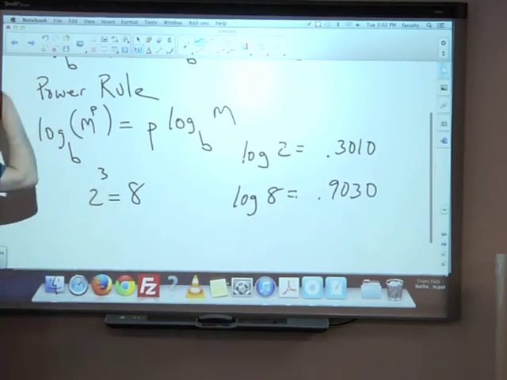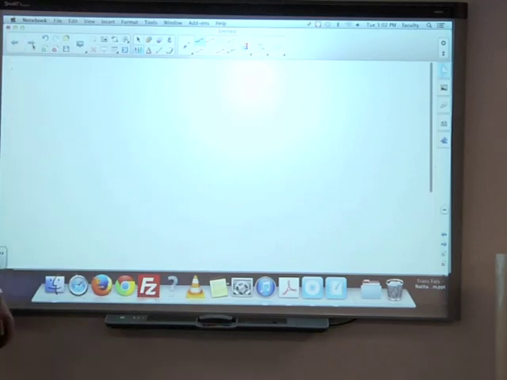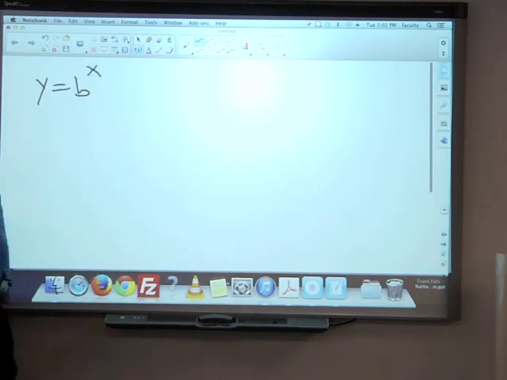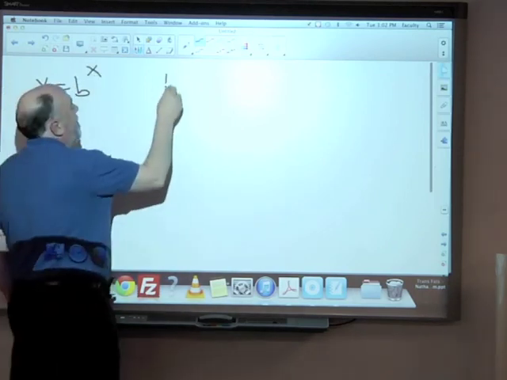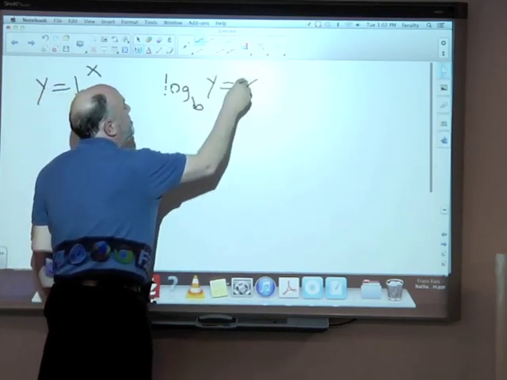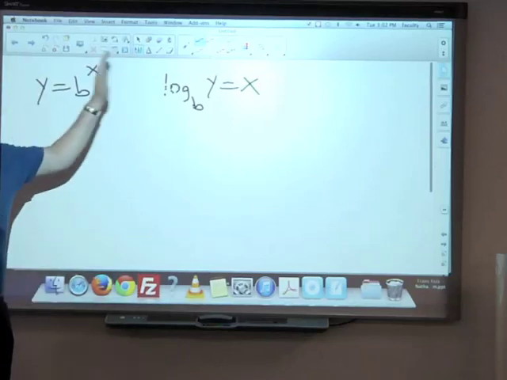The other thing we're going to make use of, and we saw this earlier, is if I had y equals b to the x, we said that this became the log base b of y equal to x. So being able to transfer back and forth between exponential form and log form, and you had that on today's quiz.